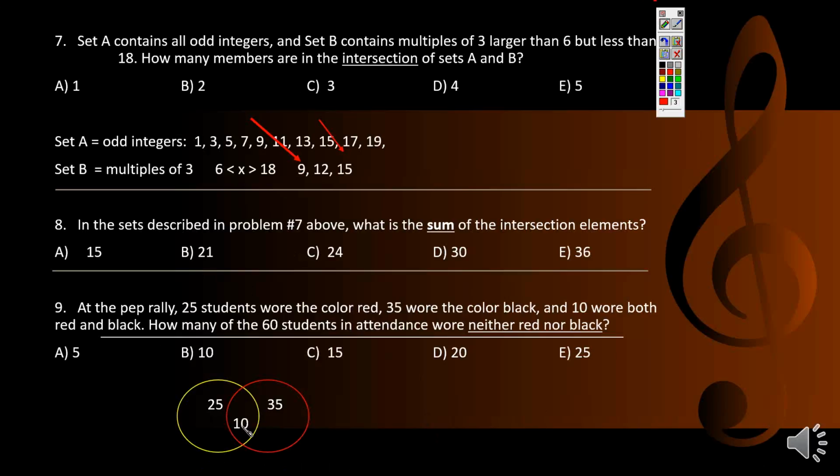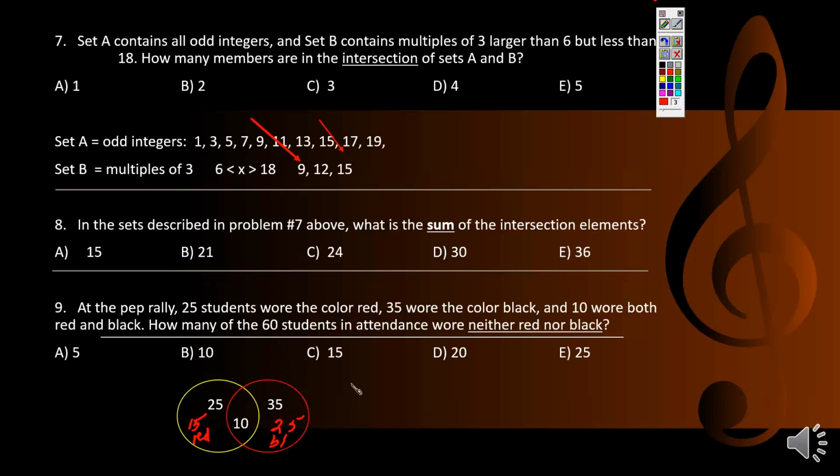So we have 15 down here, 15 that wore only red. And then we had 35 that wore the color black, but we have 10 there. So if we say how many wore just black, then we would have, minus that 10, 25 that wore only black.